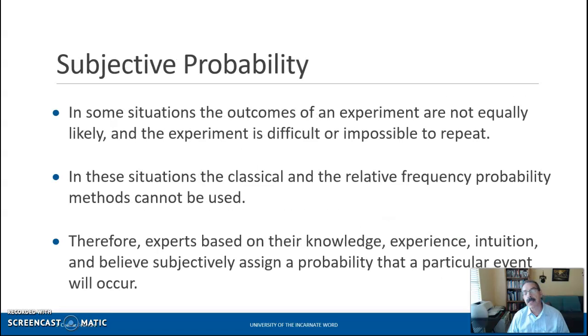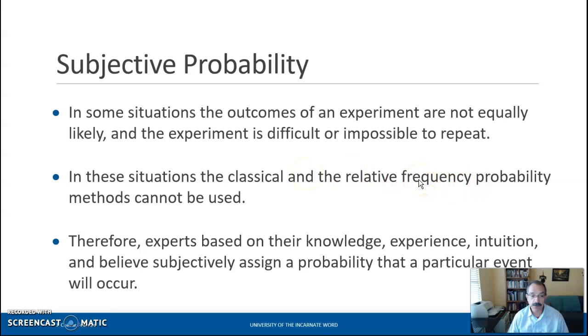All right, so the next form of assigning probability is using subjective probability. In some cases, the outcomes of an experiment are not equally likely, and it's just impossible or very difficult to repeat the experiment. So in this case, obviously the classical approach is out of the question, and the relative frequency as well.